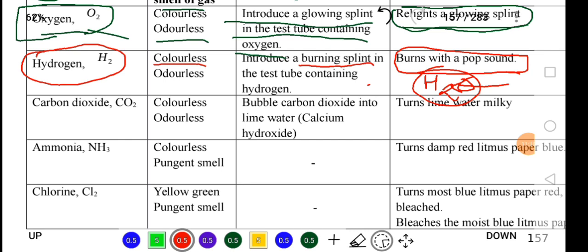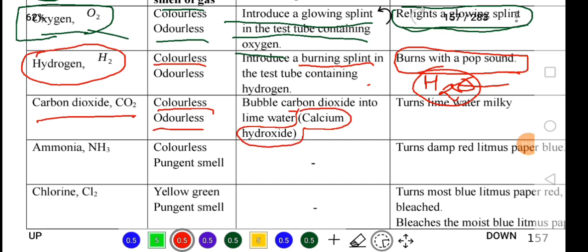Then we have carbon dioxide. Carbon dioxide also is colorless and it is also odorless. Now, we use a chemical known as calcium hydroxide.